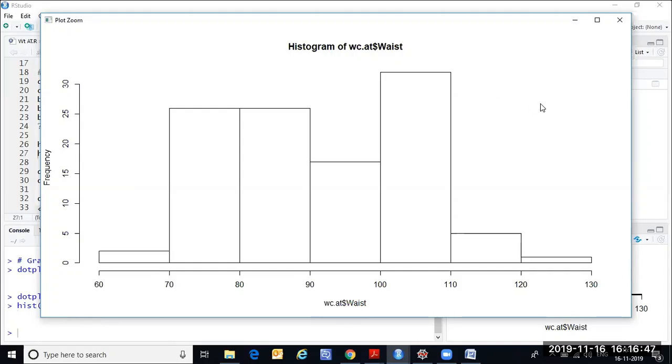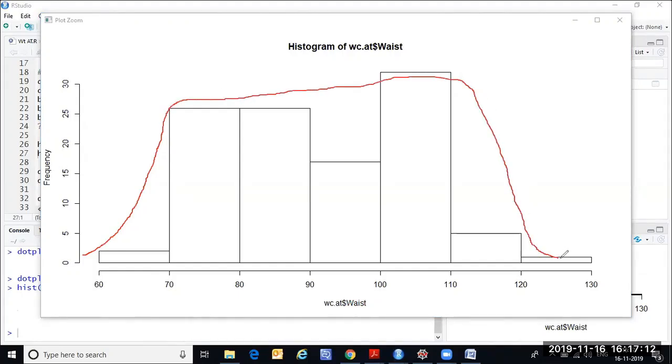How is the data distributed, friends? What do you think about the distribution of the data? More towards right skewed, right?